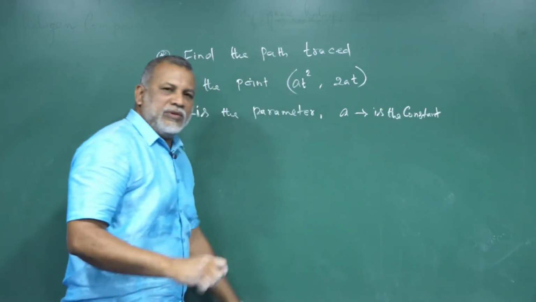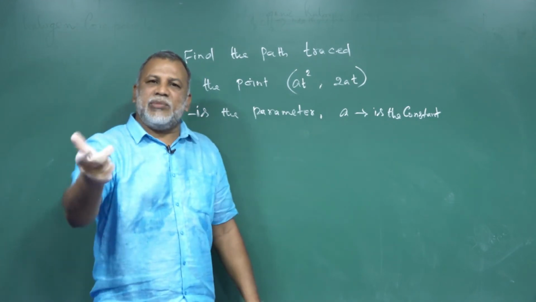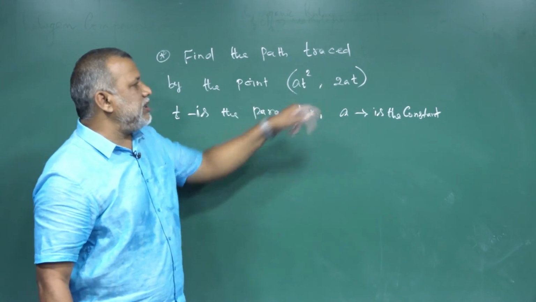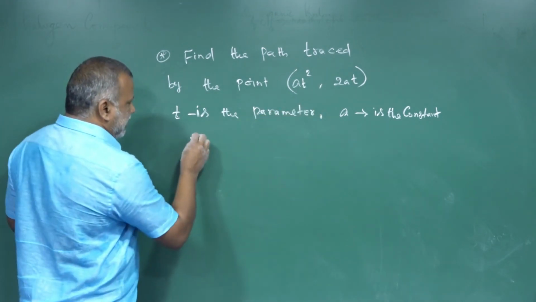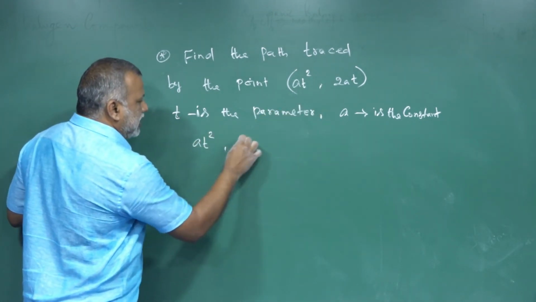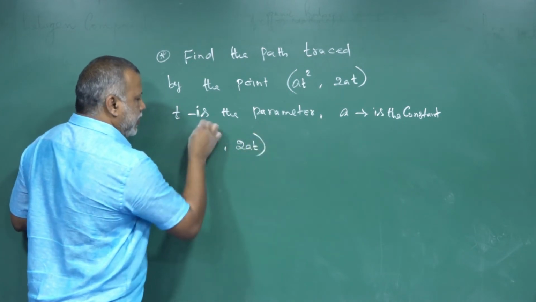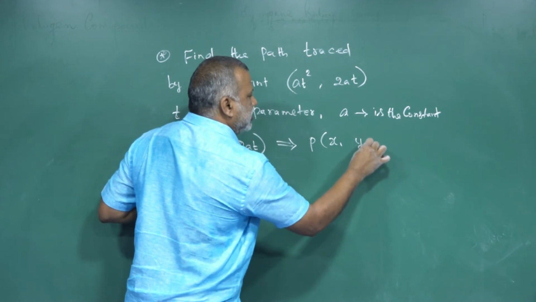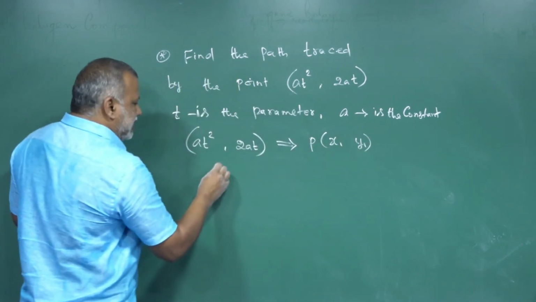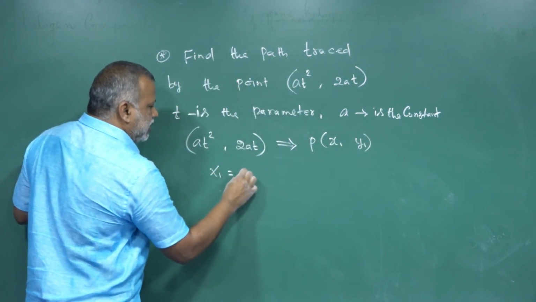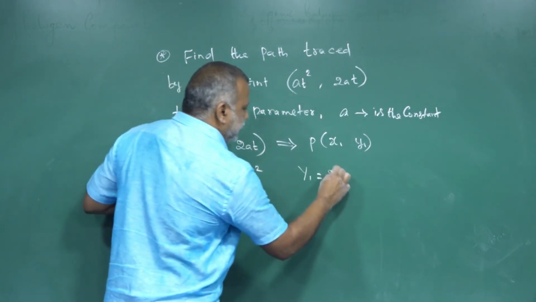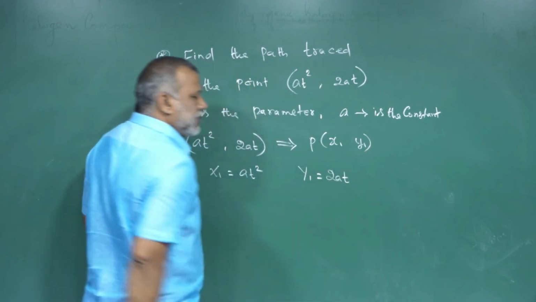Listen students, in the previous question, (ct, c by t), t is also the parameter. Here (at squared, 2at). Therefore the given (at squared, 2at) is taken as P(x1, y1). So now I can select x1 equal to at squared and y1 equal to 2at.